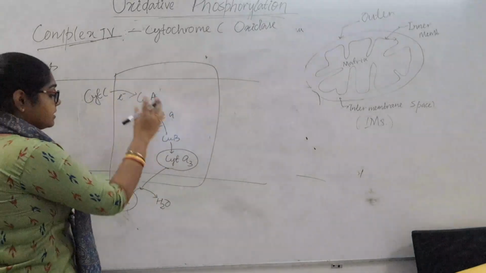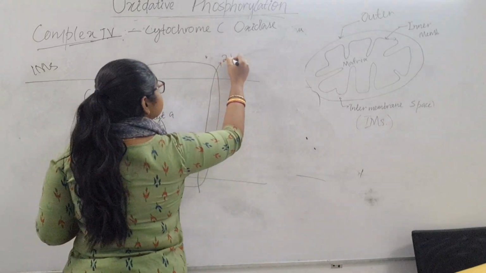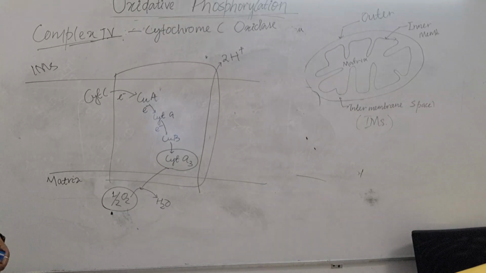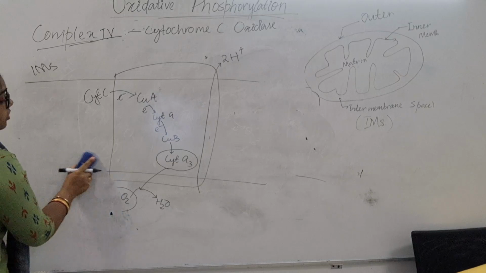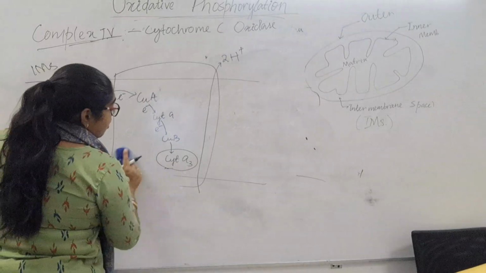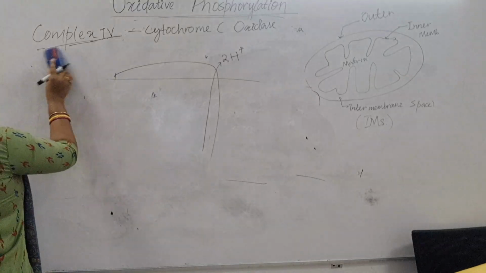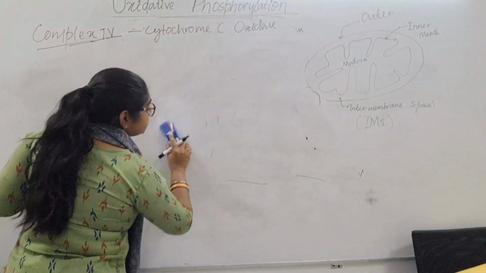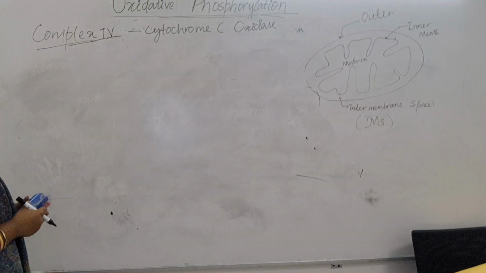And in this process also, two protons are transported from the matrix to the intermembrane space. So this is complex 4. Now what happens in the electron transport chain: all these complexes transported protons to the intermembrane space.